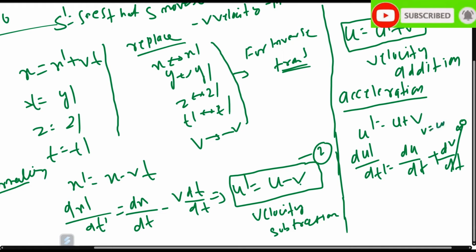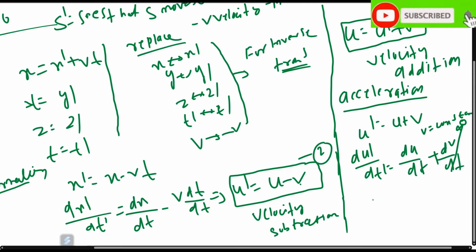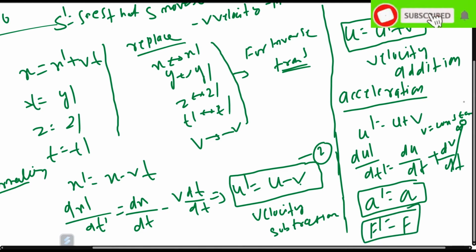v equal to constant. So what will happen? This will be called a prime and this is a. So if we multiply with mass m, then f prime equal to f.